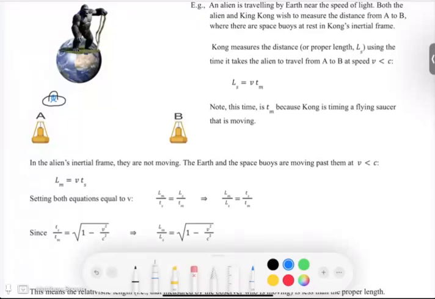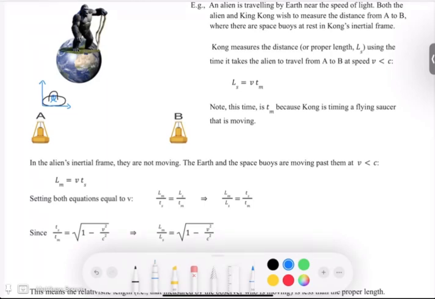Everything is stationary inside this flying saucer. They're moving at a constant velocity, there's no acceleration, so they've got their own coordinate system attached to their spaceship, and it's at rest. What's happening in their inertial frame is the Earth and the space buoys are zipping by them at speed v.